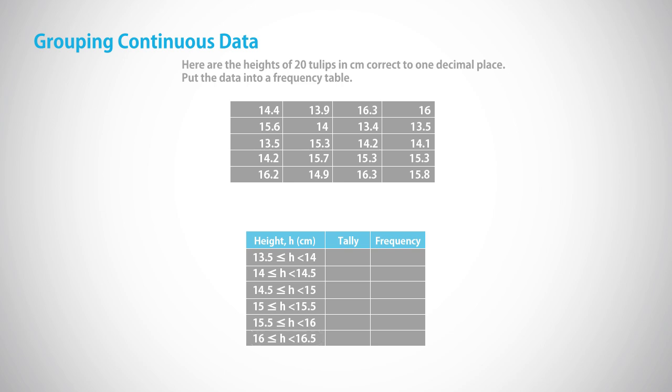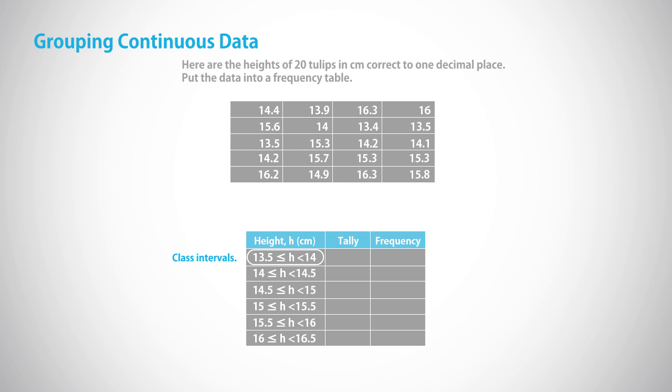Just a quick word here about the data ranges, or as they should be called, class intervals. So the first line we have the class interval 13.5, and it goes from 13.5 as far up but not including 14.